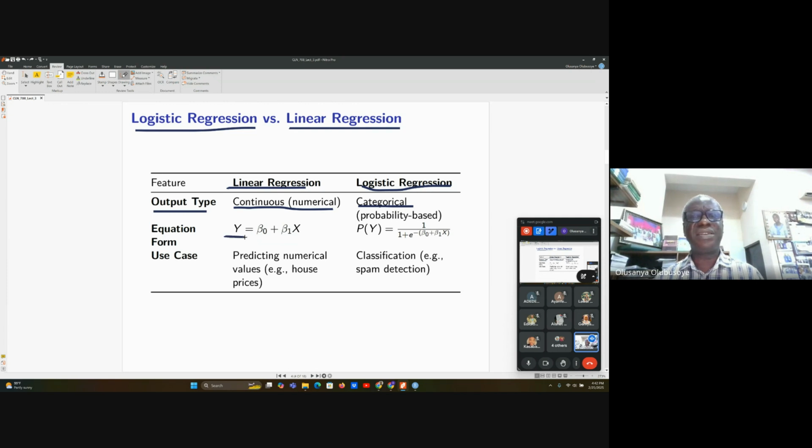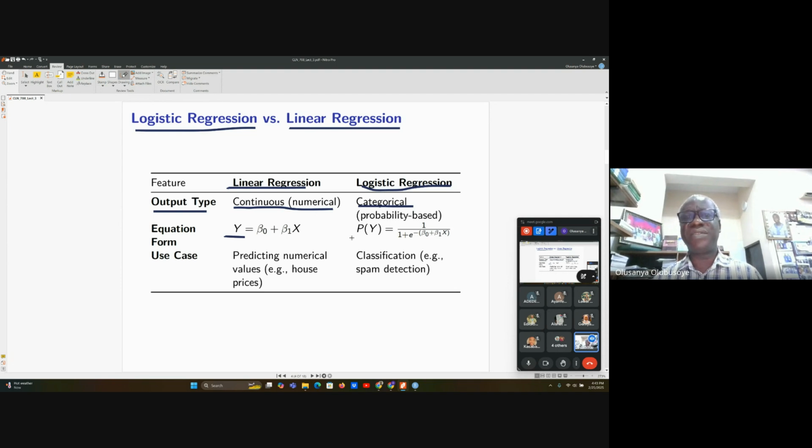So x here is the dependent, in our case the output, and y is the independent, in our case the input or the feature that we talk about.